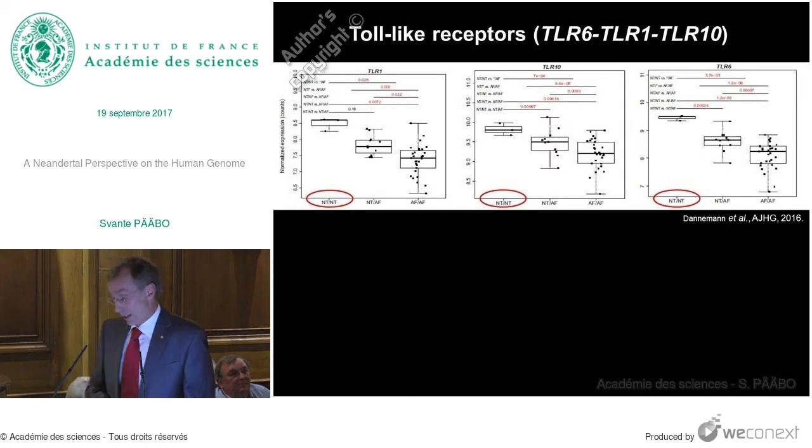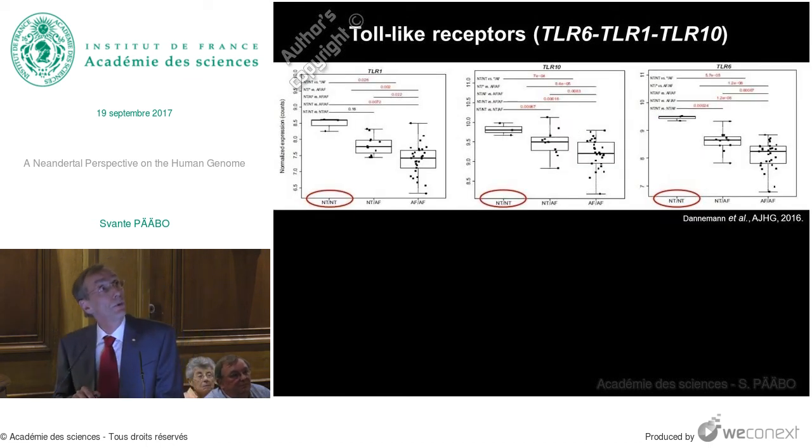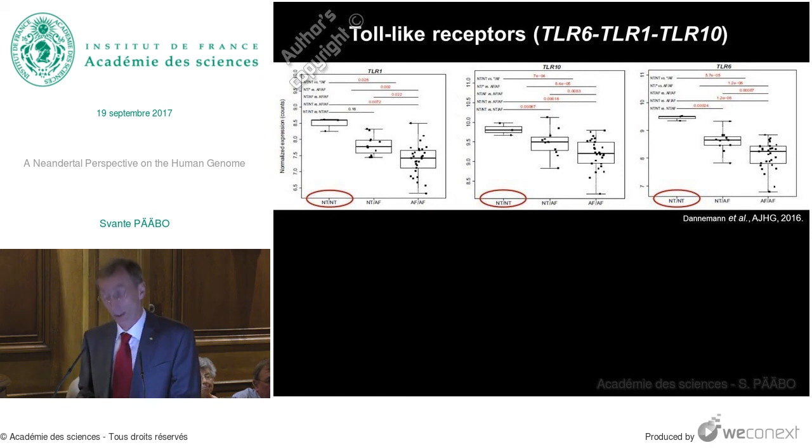You can then go on to show that people who are homozygous, carrying two of these Neanderthal variants here, express more of these receptors than people who express just one variant or no variants.